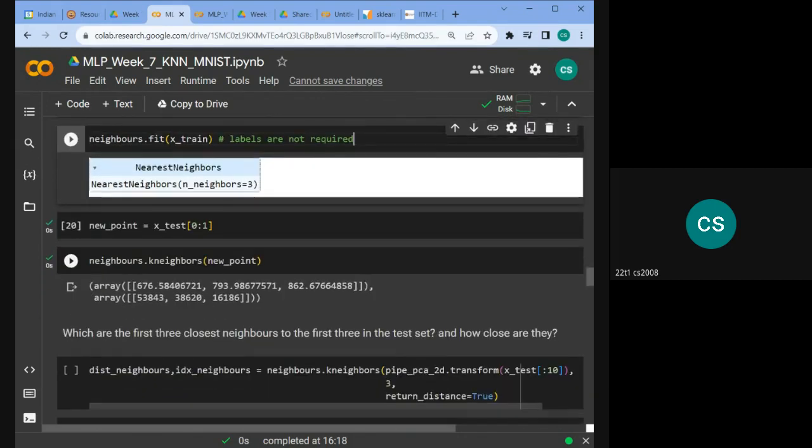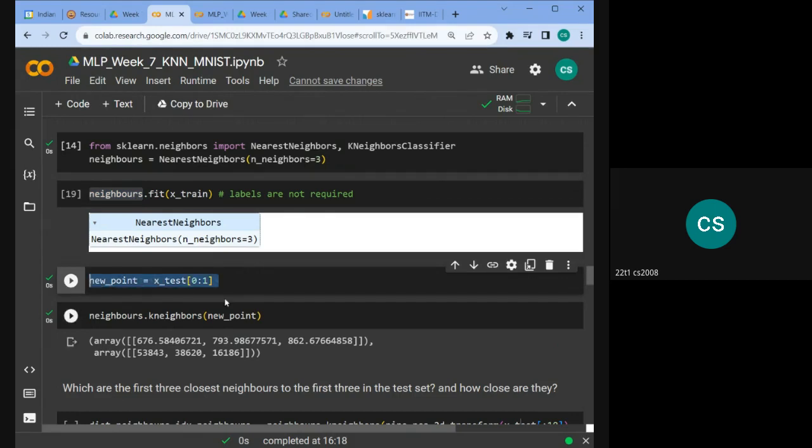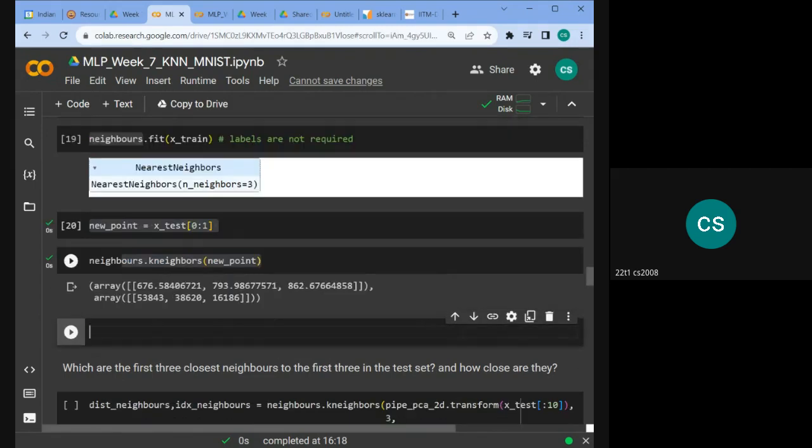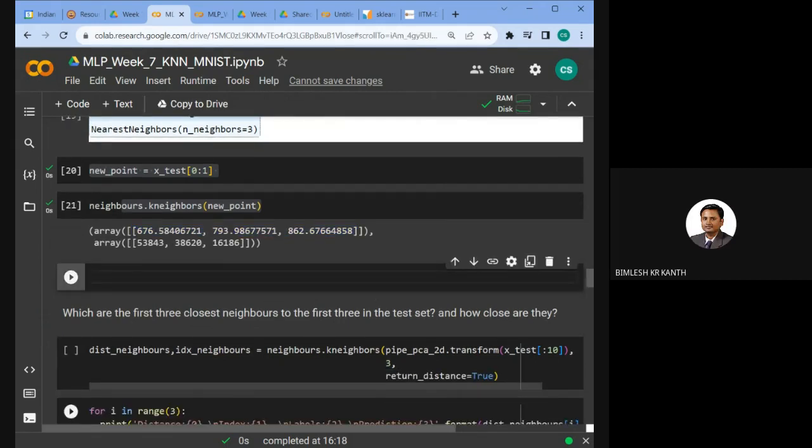So now we can see that this neighbor, which is not a KNN classifier or anything, gave me neighbors to this new point. This new point I took from test data, which it didn't learn. So now it is telling me these 3 points. So what we are getting here: the first array is of distances and the second array is of indices.